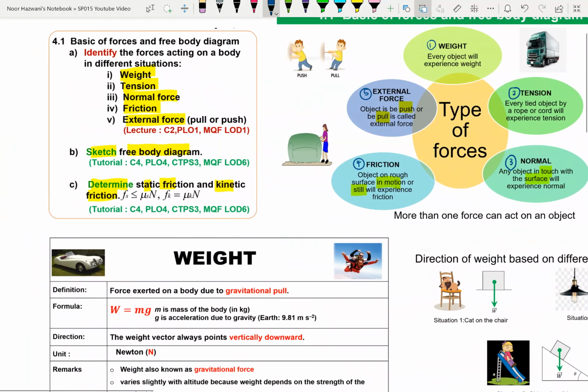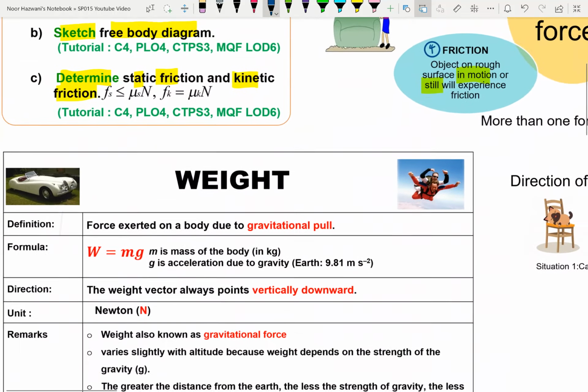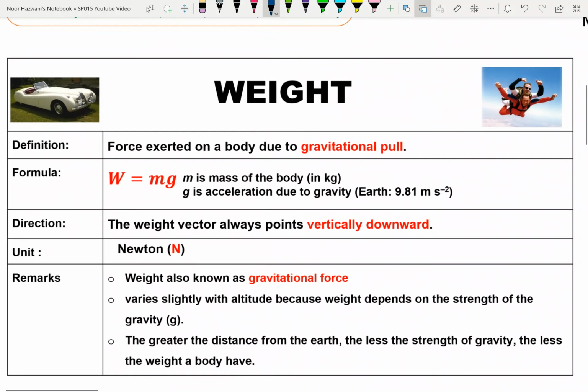Okay. That's the first force. Okay. We move to the second force, which is weight. Okay. So weight tu apa benda? Okay. Weight itu adalah force exerted on a body due to the gravitational pull. So force yang wujud disebabkan oleh ketarikan gravity. That's why I said just now that every object in this world got weight. Okay, macam mana kita nak calculate weight?